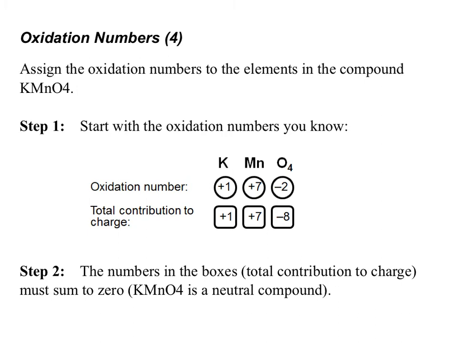There's only 1 potassium, so that is +1. As -8 plus 1 equals -7, the charge of manganese, Mn, must be +7 because the overall charge of the compound is neutral. As there is only 1 manganese, its oxidation number must be +7.